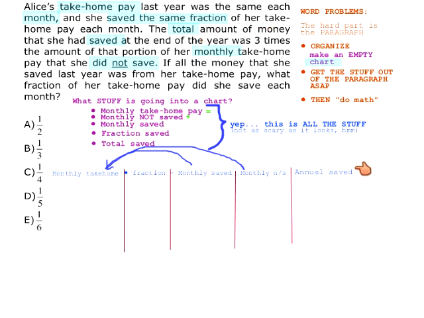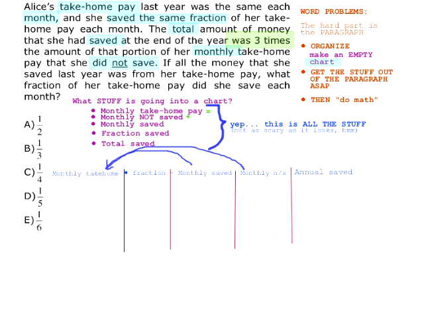Here. The total amount of money that she had saved, that's that, was 3 times the not saved monthly. So that's a relationship. Let's just put that in there.